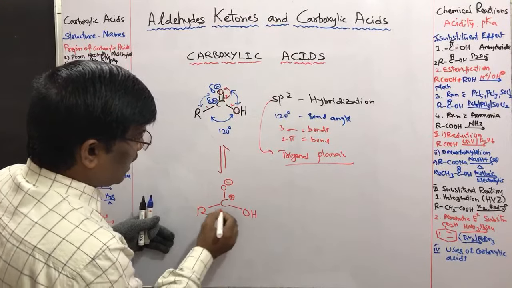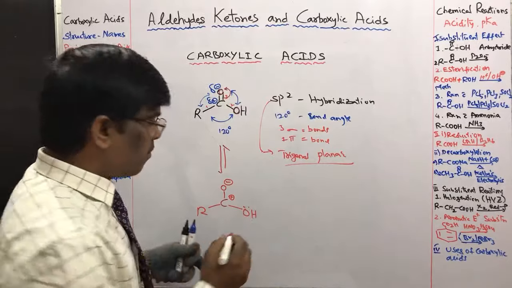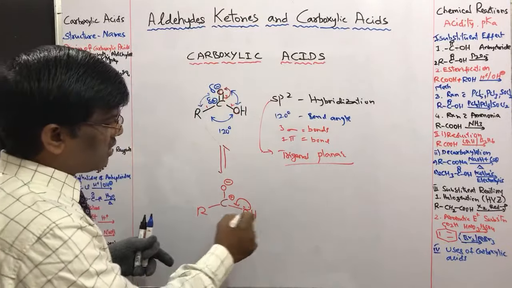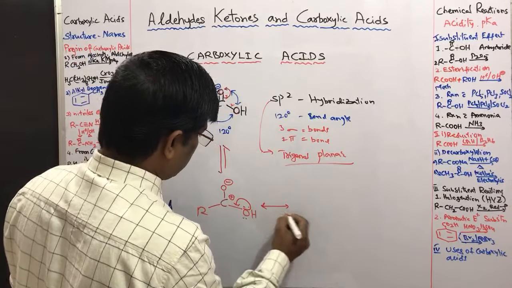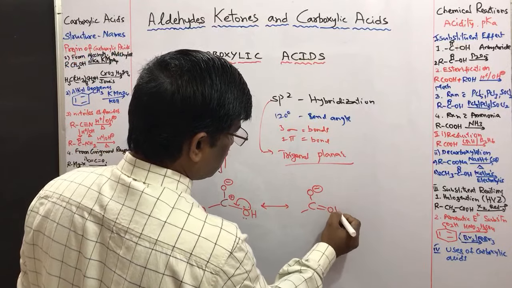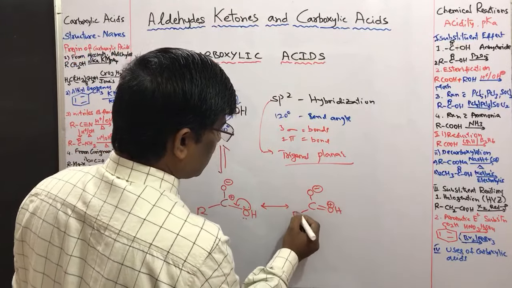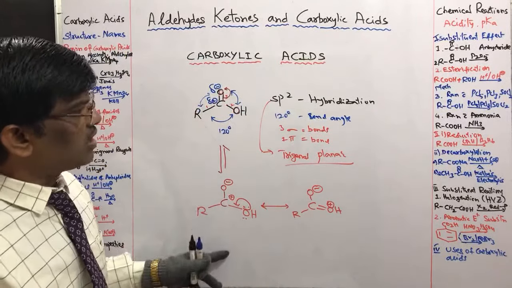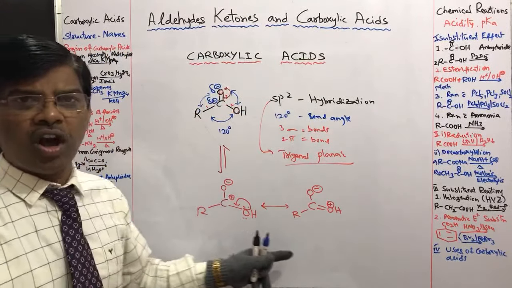However, it is resonance stabilized by the lone pair electrons present on the other oxygen. So these are the resonance structures of carboxylic acids. Because of these resonance structures, carboxylic acids are stable compounds.